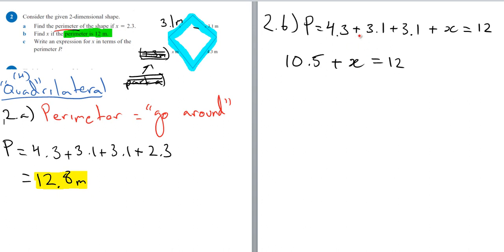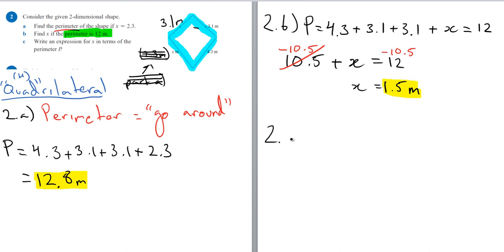To get x on its own, we subtract whatever's being added to it, and what's being added to it is 10.5. So we go minus 10.5 on this side and minus 10.5 on this side. That cancels, and we're left with x equals 12 minus 10.5, which is 1.5. And remembering the units, which are meters. So that's the answer to 2b.